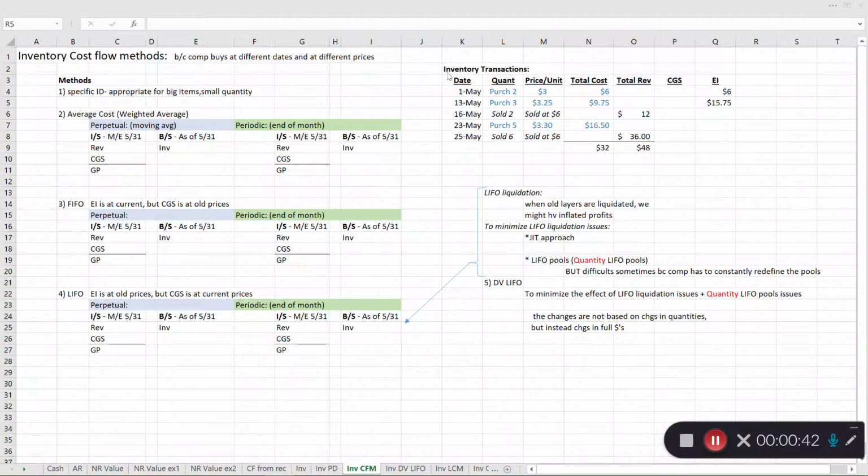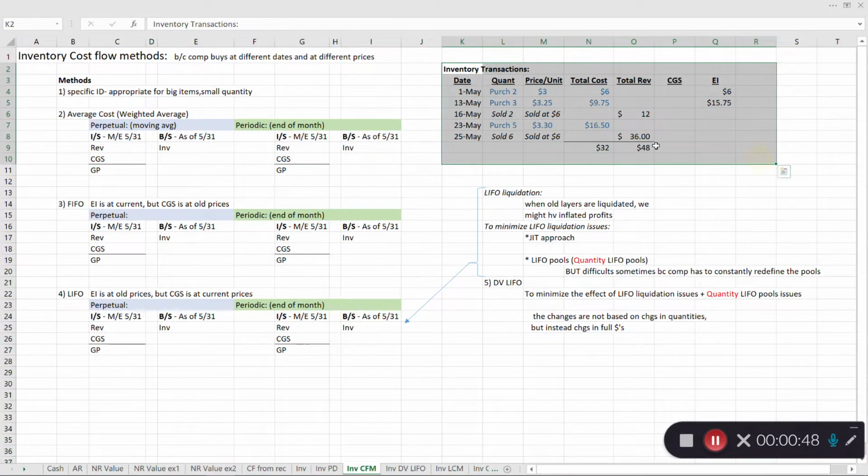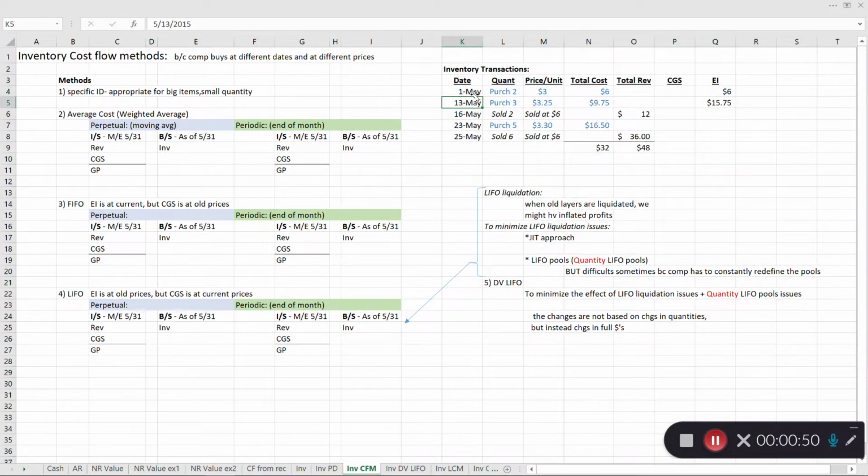So here's a quick little illustration of some possible transactions that a company has. Imagine a company on May 1st buys 2 units at $3 for a total cost of $6. That gives them an ending inventory at that moment of $6. If they later buy 3 more units at $3.25, that's $9.75, then their ending inventory is going to be composed of the original $6 plus the $9.75.